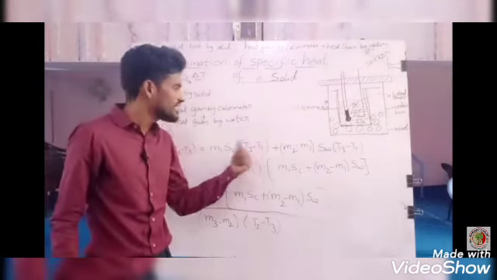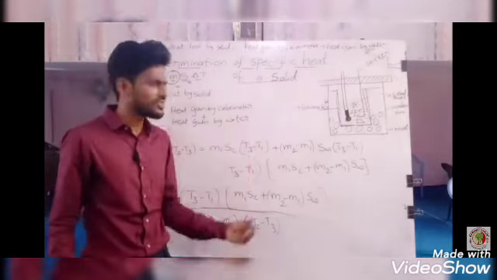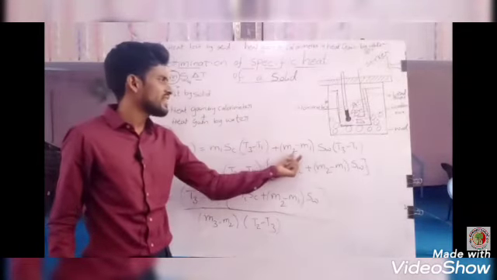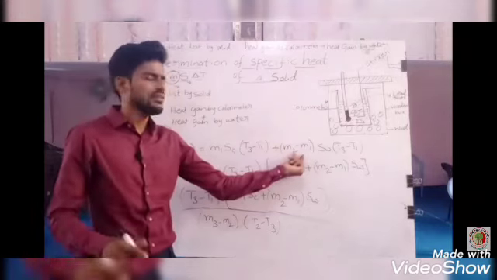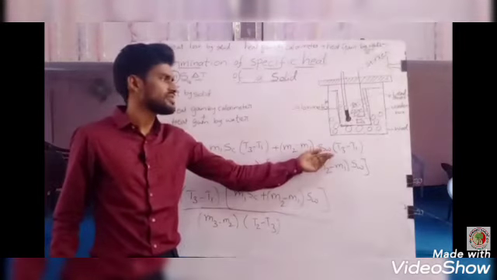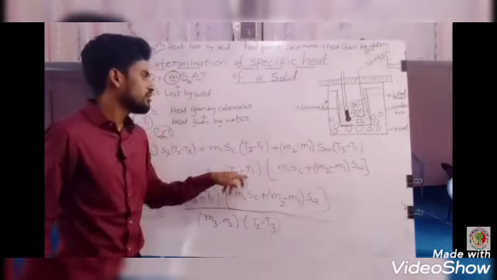Why only T3 minus T1? Because T3 is greater than T1, that's why you can subtract T3 minus T1. Next, water. The mass of water, you know well, M2 minus M1, specific heat SW, and the same common terms. You take M1 common.